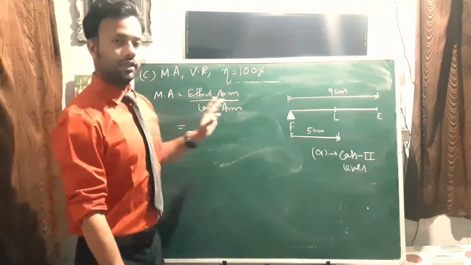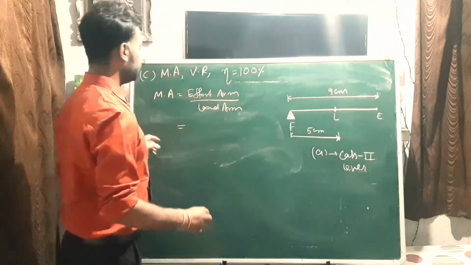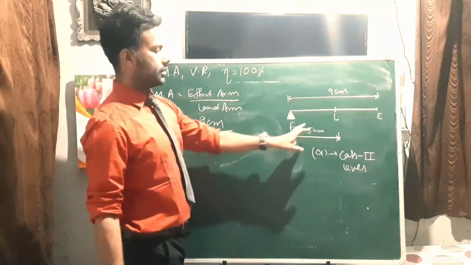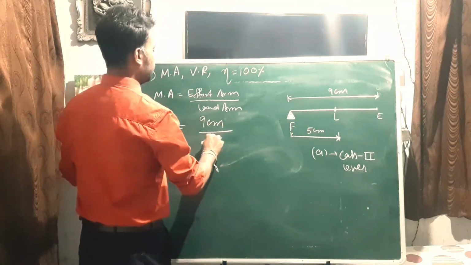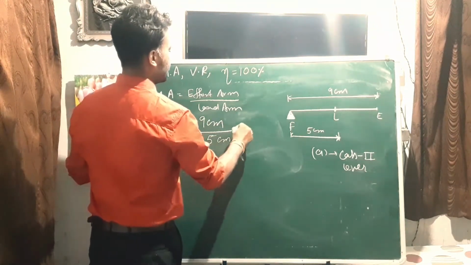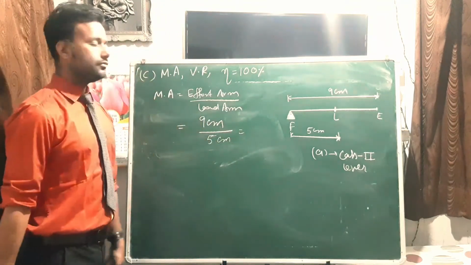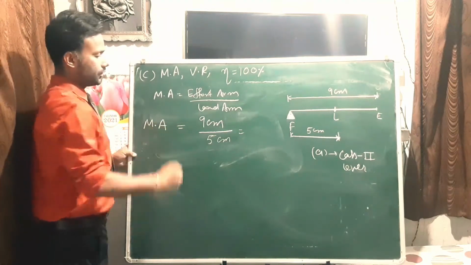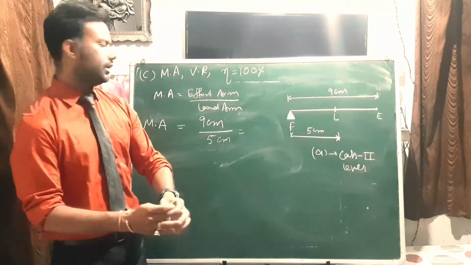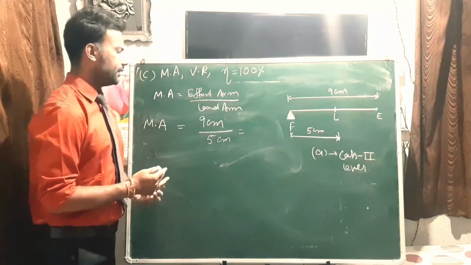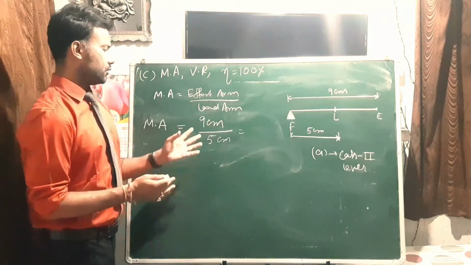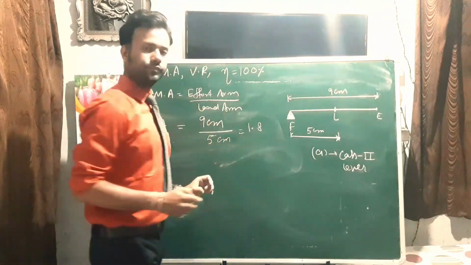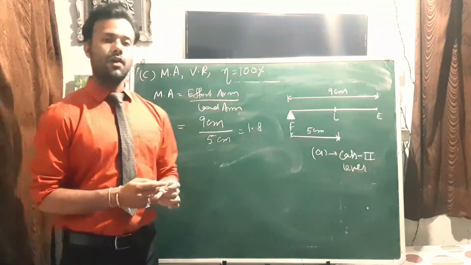The effort arm is given in this question, it is 9 centimeter, and the load arm is given as 5 centimeter. So this is your mechanical advantage, right? You can solve it or just leave it in the fraction form. When you solve it, you'll get 1.8, right? So this is your mechanical advantage.